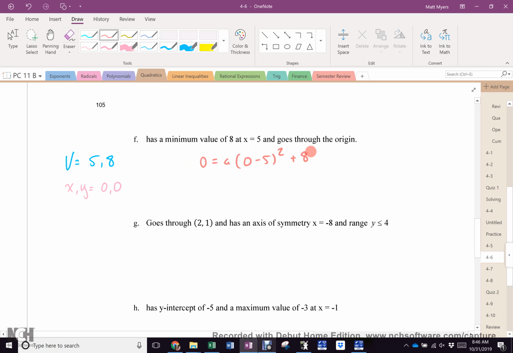Right? Okay, so 0 equals 25a plus 8, right? Negative 8 equals 25a. So a equals negative 8 25ths, right? Okay, so how then do I get a minimum there?